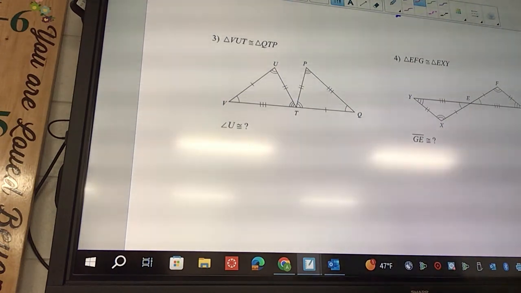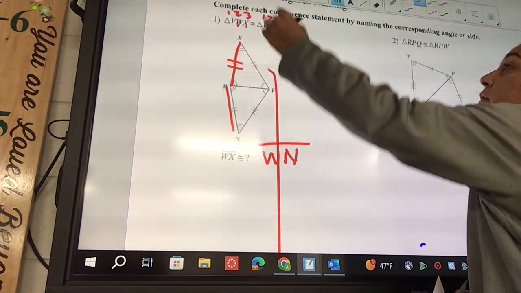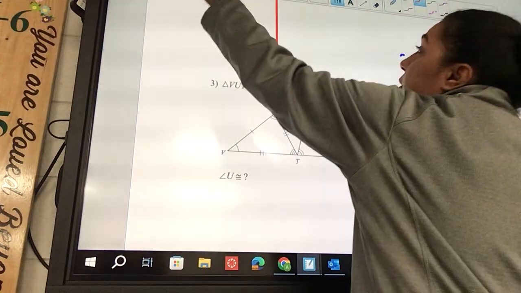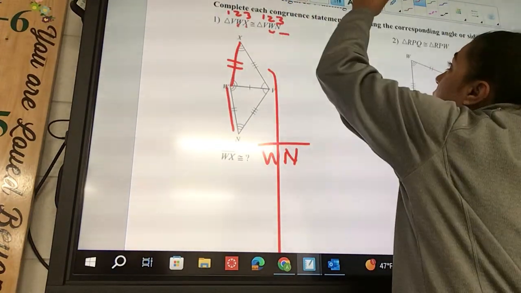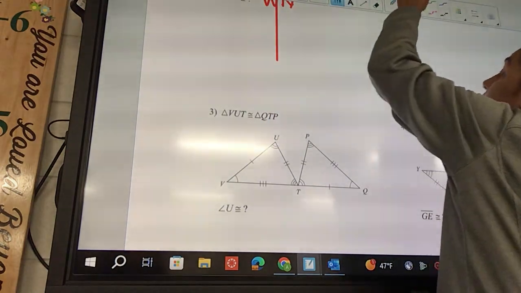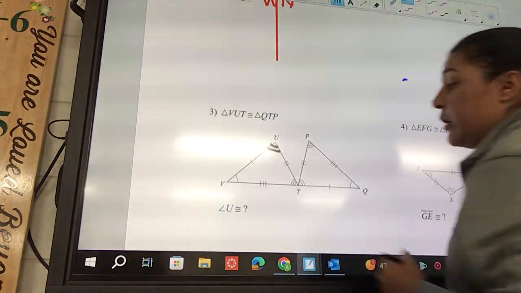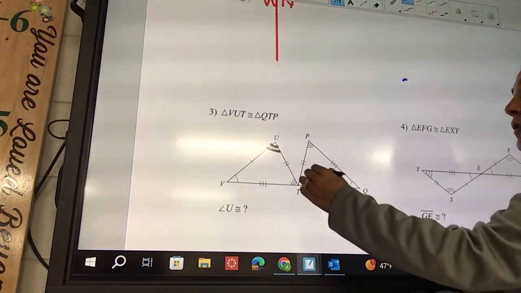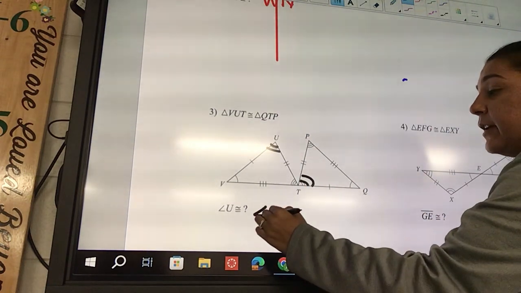On the other triangle, what has 2? Angle T has 2, so this is going to be angle T.